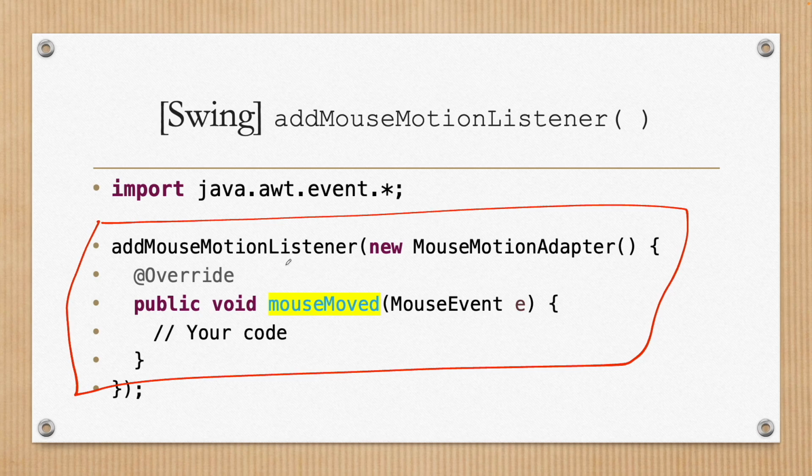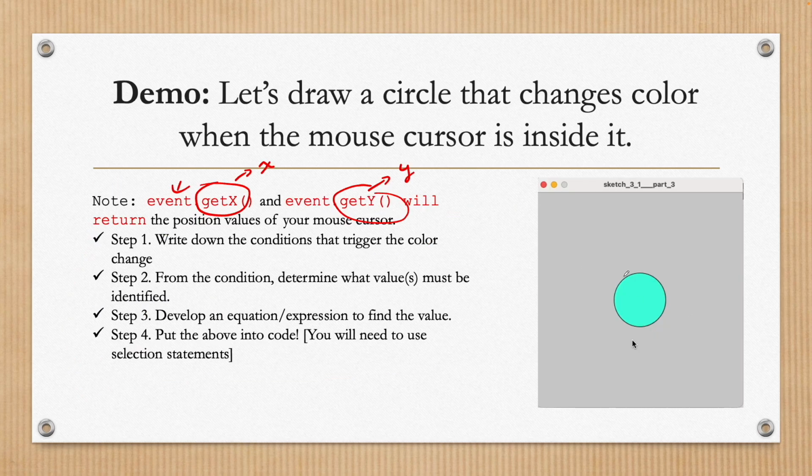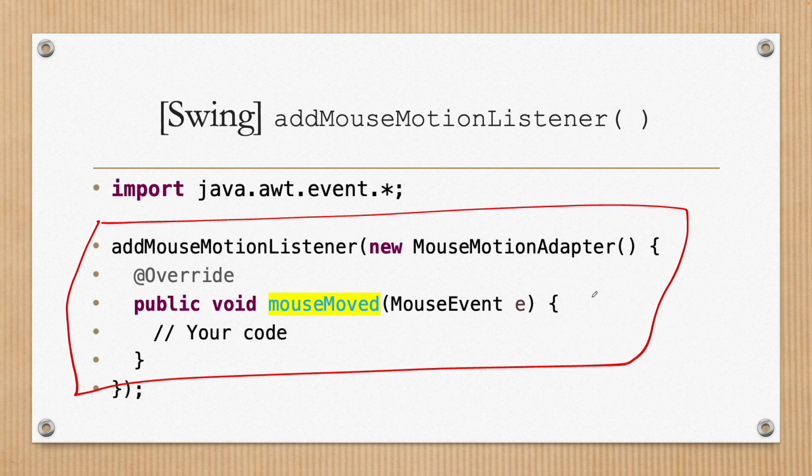This will add the mouse motion into your program so that when the mouse is inside of the circle, the color of the circle should change. And when the mouse is outside of the circle, we need to change the color back to normal or to something else.